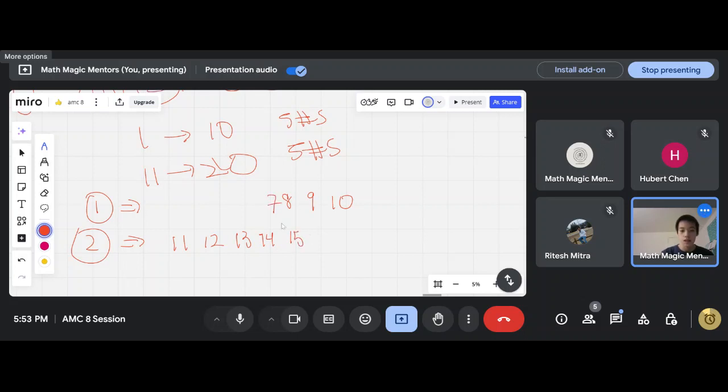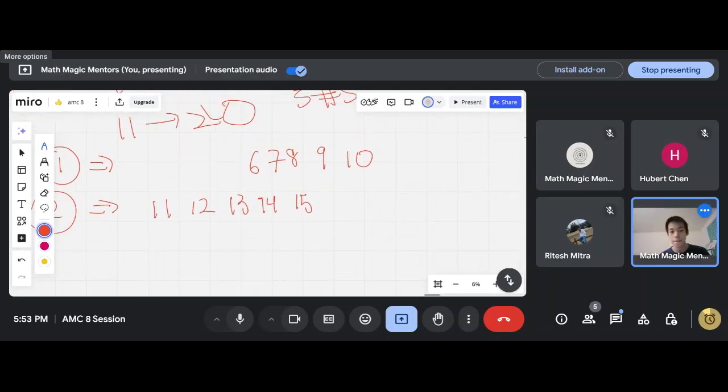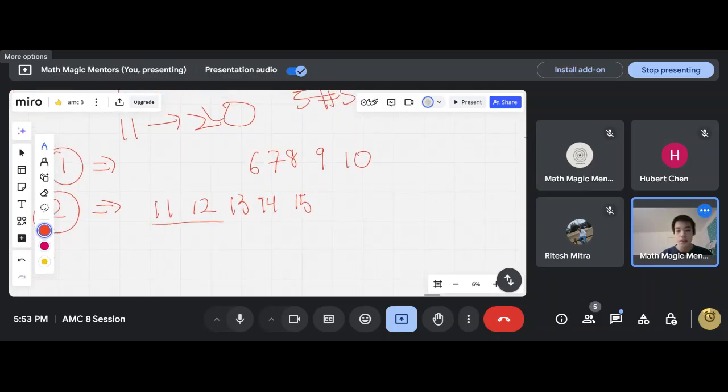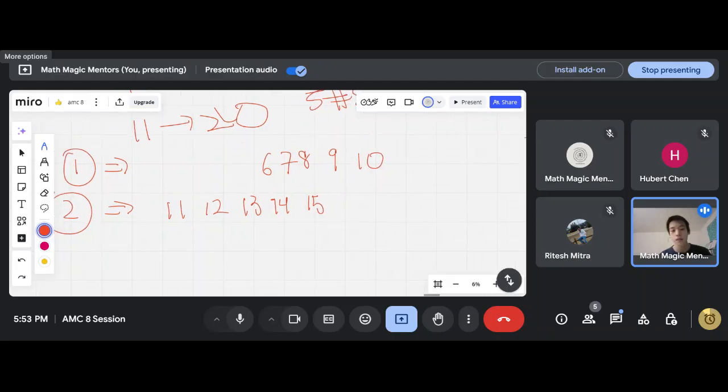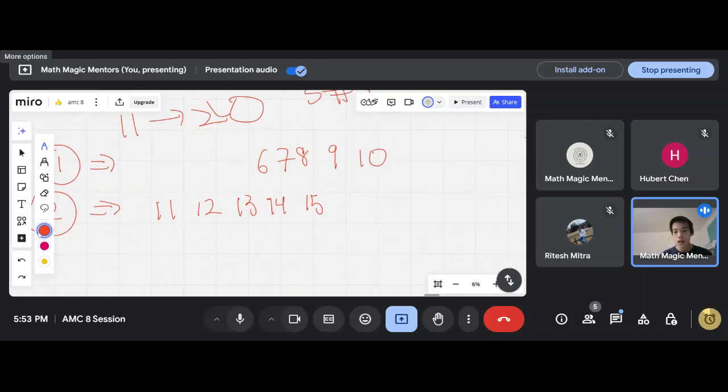And finally, if I pick 15, I'm going to get 6. Notice that these numbers all don't have the same units digit, so we can be sure that this is a valid selection of 10 numbers from these two ranges.